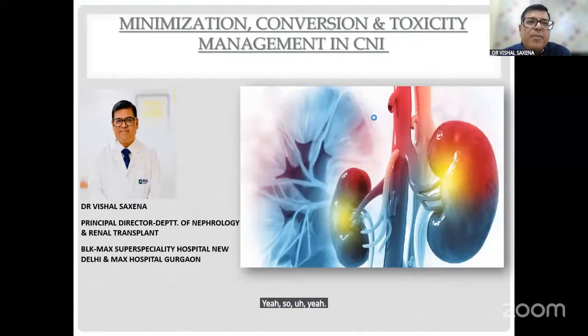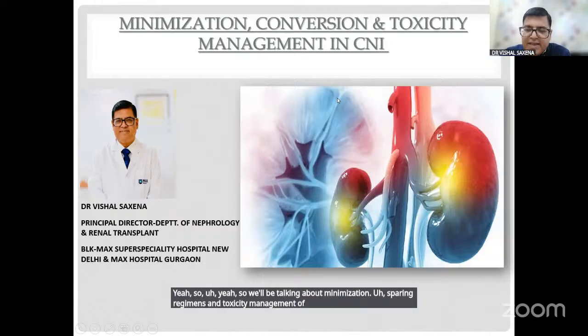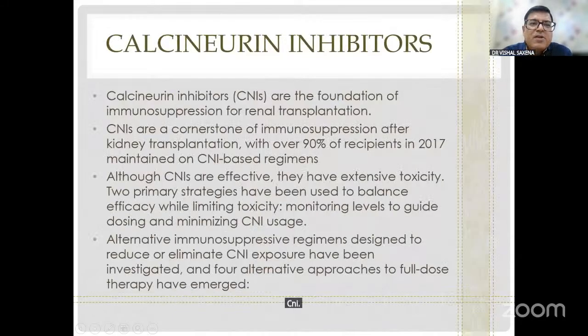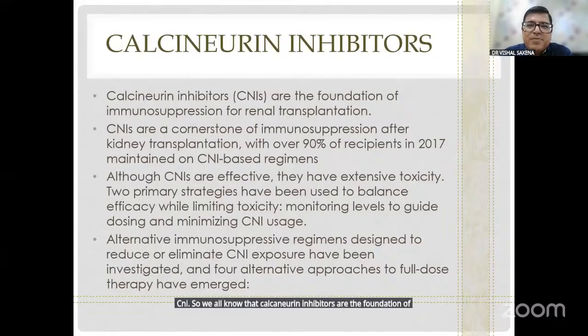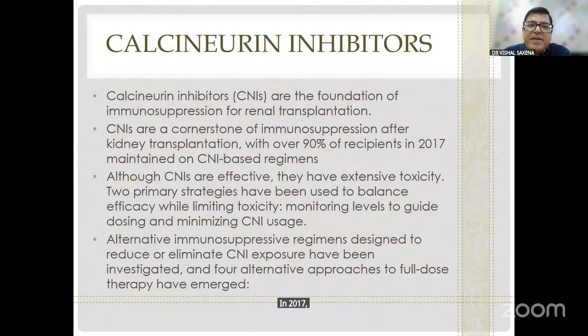So we'll be talking about minimization, sparing regimes, and toxicity management of CNI. We all know that calcineurin inhibitors are the foundation of immunosuppression for renal transplantation. CNIs are the cornerstone of immunosuppressants after kidney transplantation, with over 90% of recipients in 2017 maintained on CNI-based regimens.